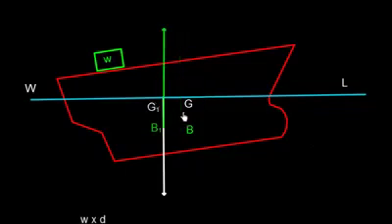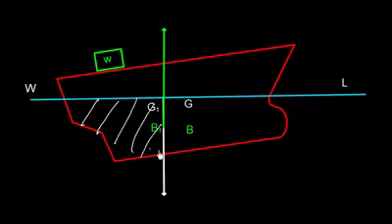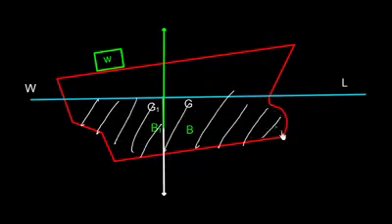Well, since G is shifted from G to G1, the center of buoyancy will also shift from B to B1. It makes sense also because the underwater volume is increased on this side. Now this is the underwater volume. Earlier the underwater volume was only this one.